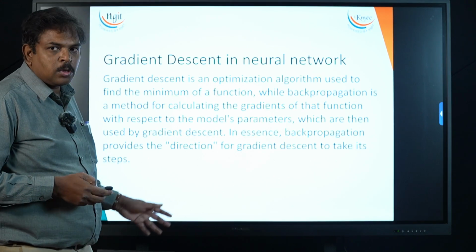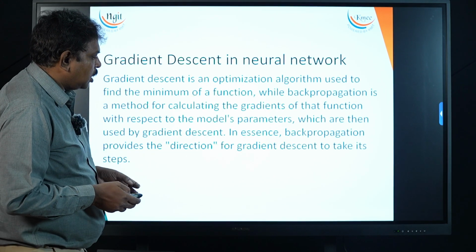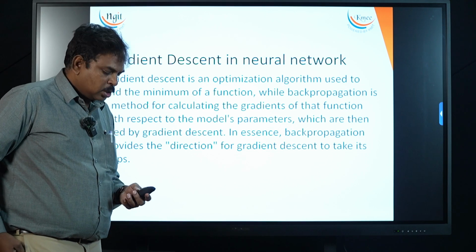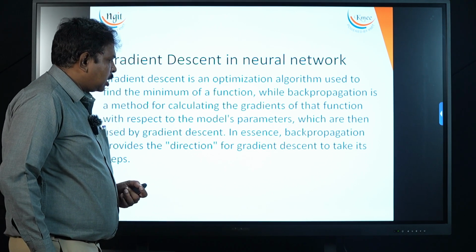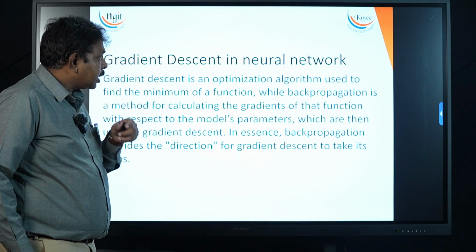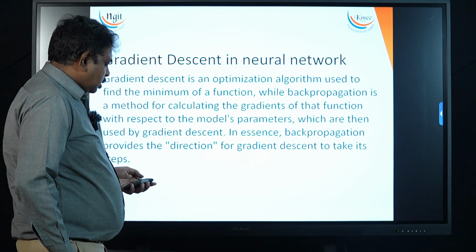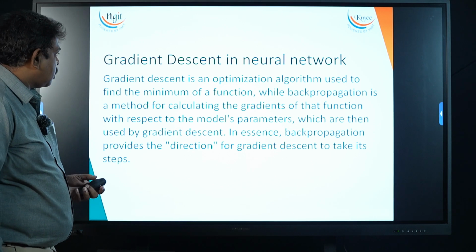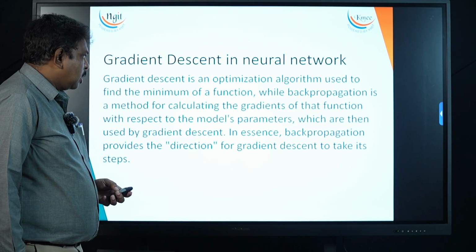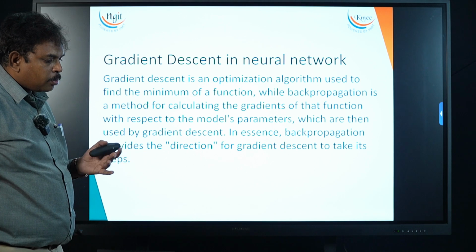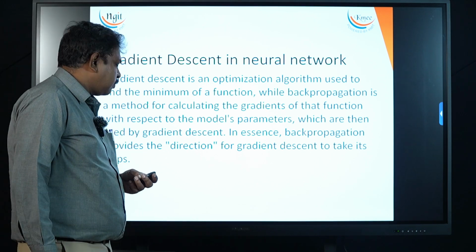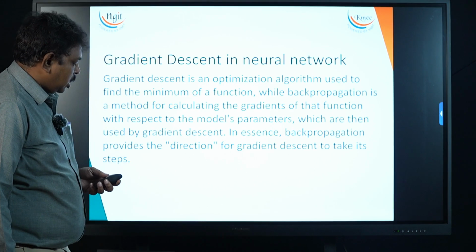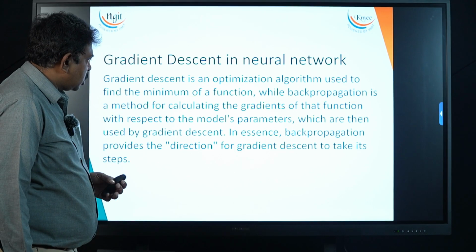Here the function may be a cost function or loss function that measures how much error there is between the prediction and our target. Finding this minimum is done through the backpropagation method. Backpropagation calculates gradients of that function with respect to the model's parameters.